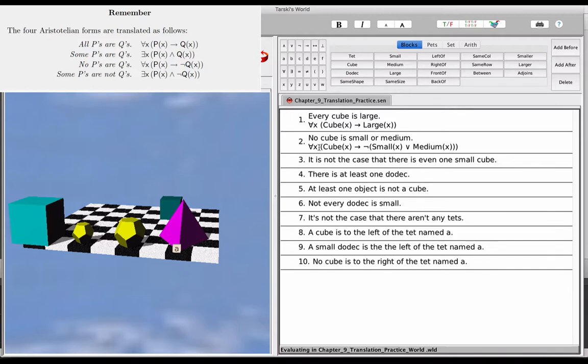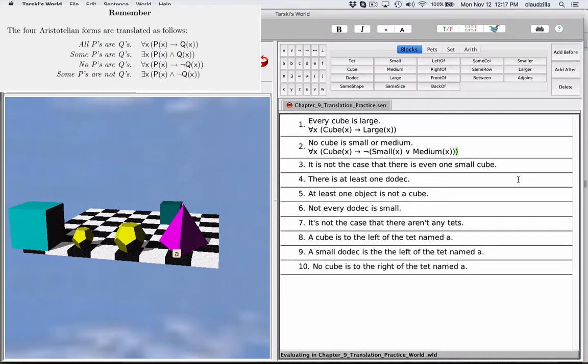Notice also that we have parentheses around the entire phrase so that we have marked the scope of our quantifier. And we also have parentheses around the disjunction so that we are clear that the negation covers that disjunction.